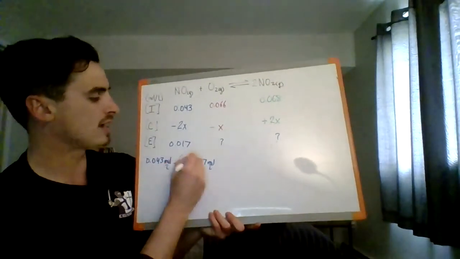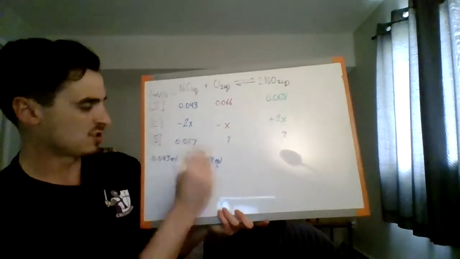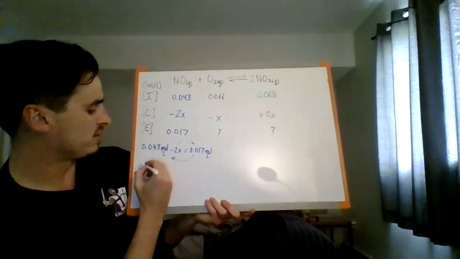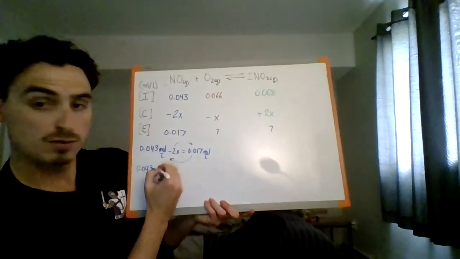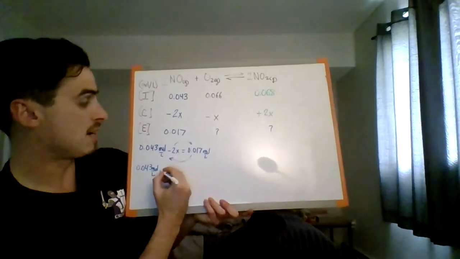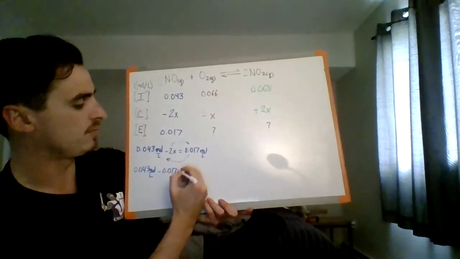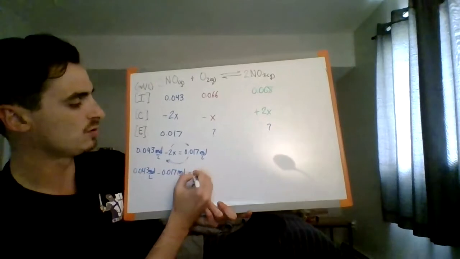Again, we want x to be positive by itself. Switch these around. 0.043 moles per liter minus 0.017 moles per liter is equal to 2x.